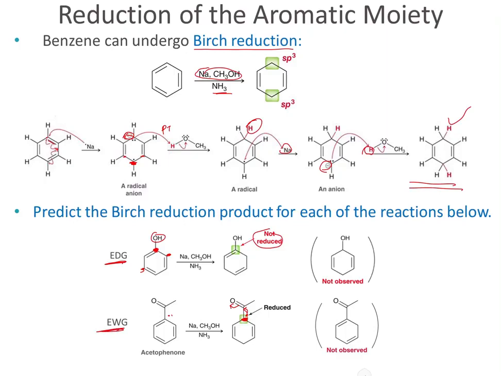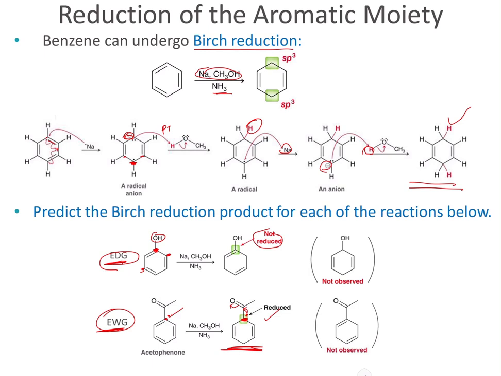Okay, and that's why you see this position has been reduced, and we end up with a product that looks like that. So when you have an electron donating group, you need to be able to predict the product that is being formed, and of course you understand why now. If we have an electron withdrawing group, then we know the position next to the electron withdrawing group is going to be reduced.